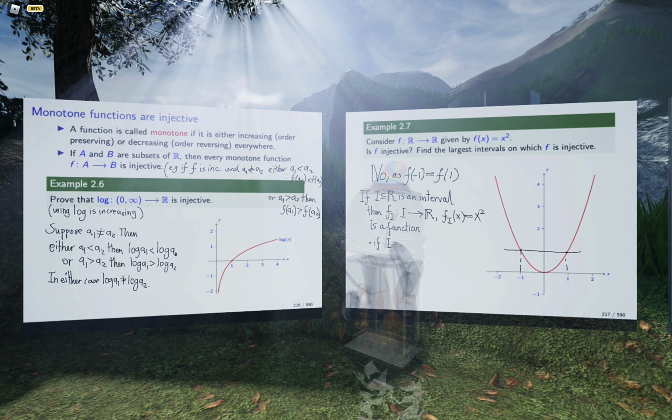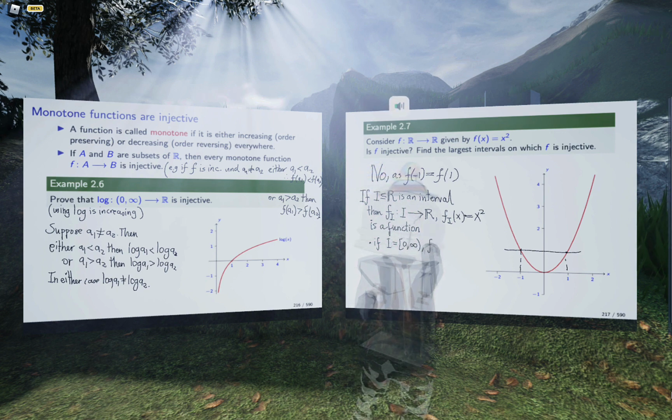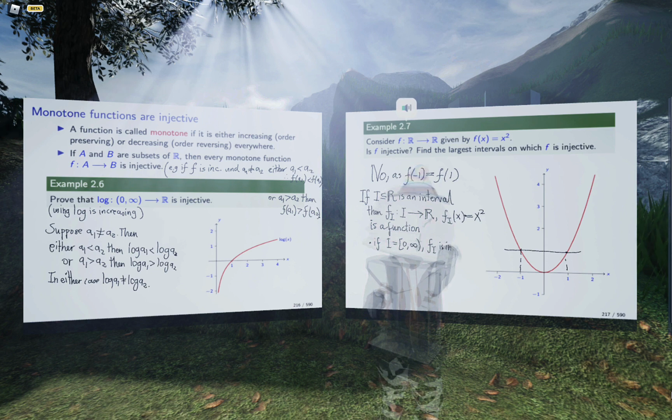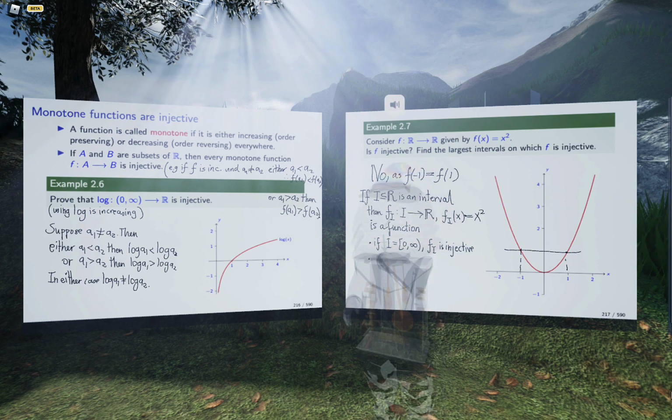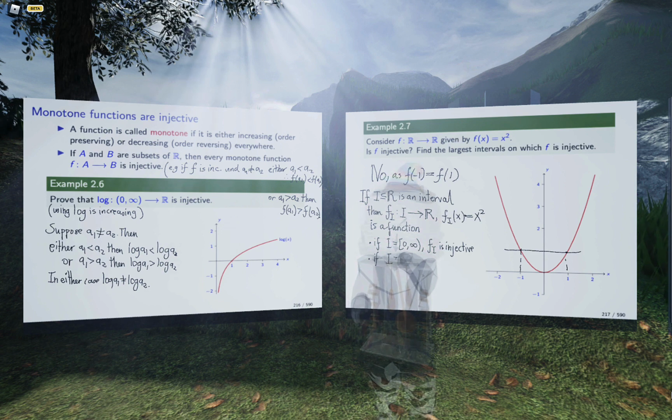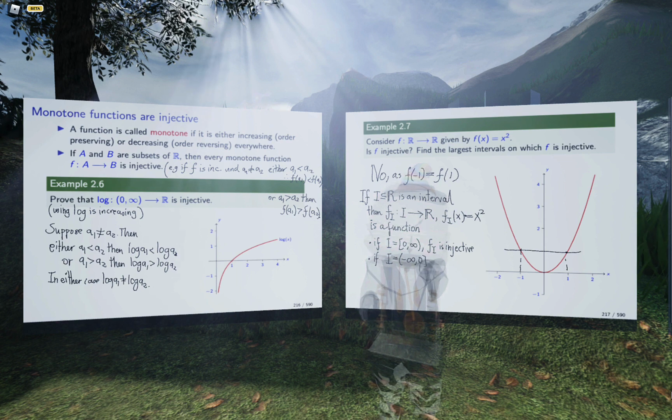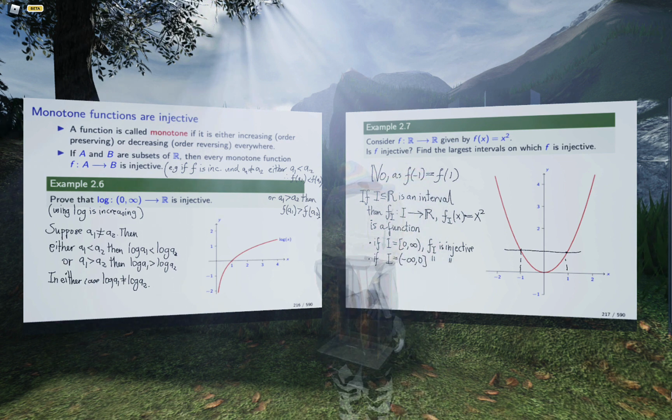So if I, for example, is 0 to infinity, F_I, the function, is injective, even though F is not. And similarly, I can do the same on the left-hand side. Okay, F_I is injective.